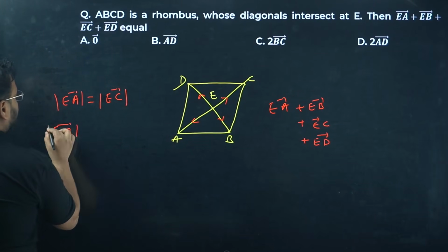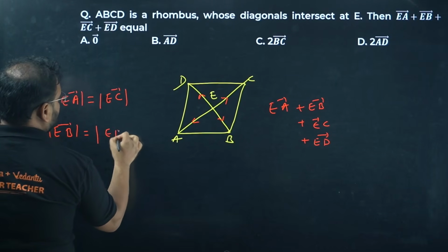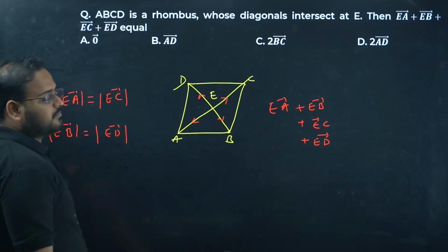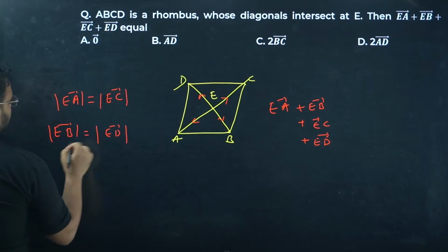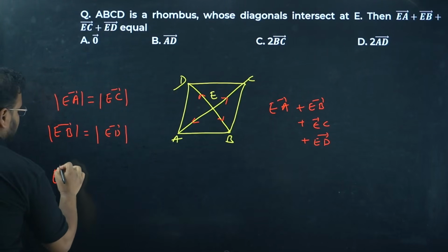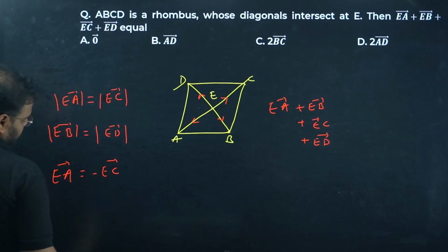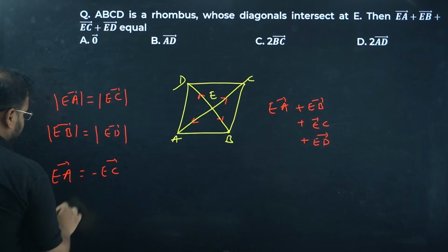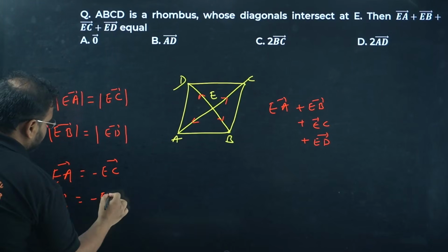So the magnitude of EB and the magnitude of ED are also equal. If the magnitude is equal and direction is opposite, we can write that EA is nothing but minus of EC, and same way EB is nothing but minus of ED.